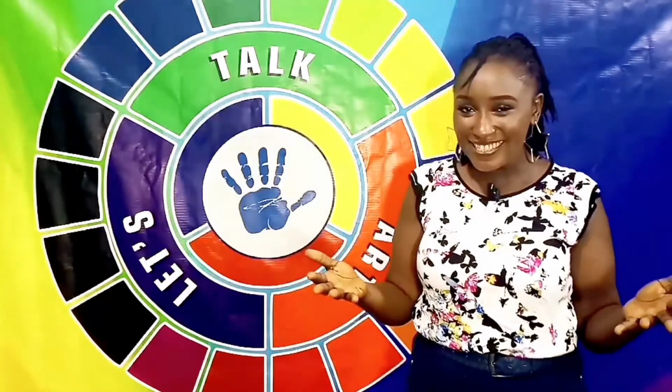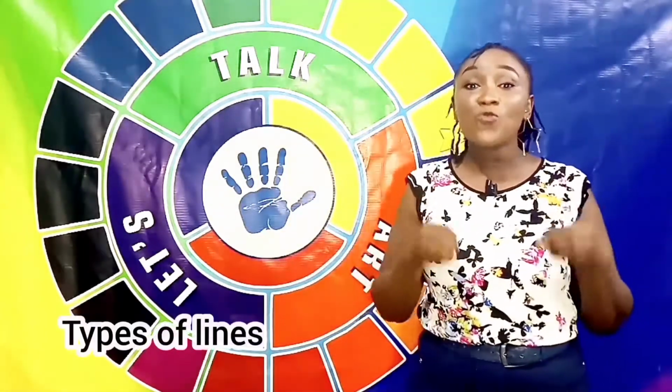So remember, based on this, a line can be thick, thin, bold, continuous, broken, curved, or straight. Yes, a line can be all this.